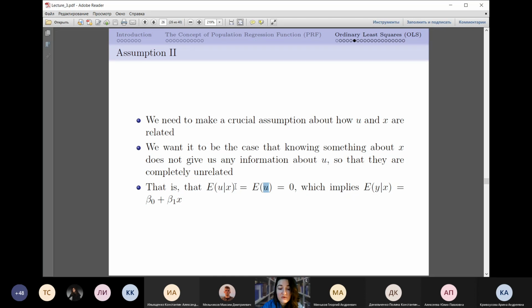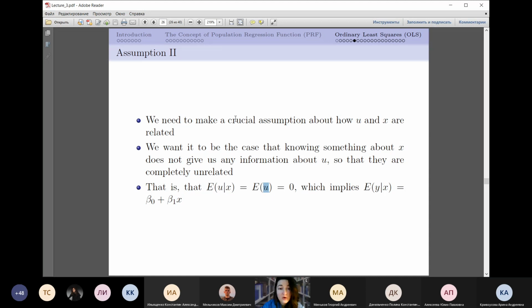And if, for example, we think that the average ability increases with years of education, for example when people with more innate ability choose to become more educated, in this case we cannot hold this assumption.